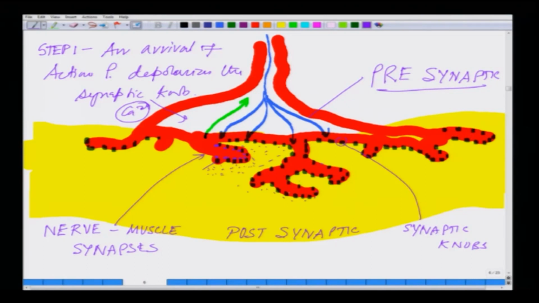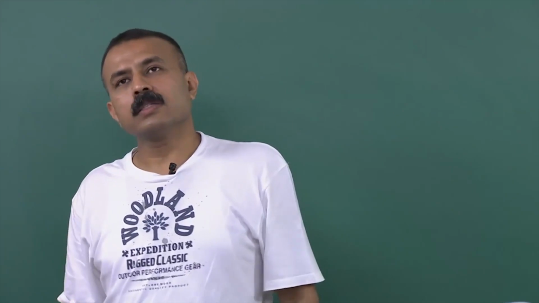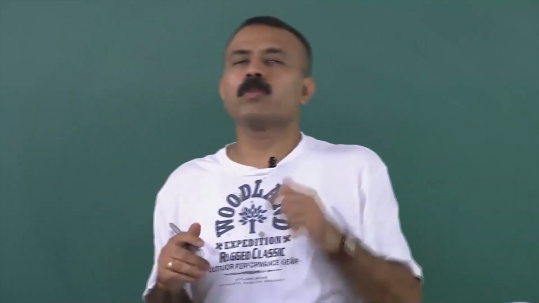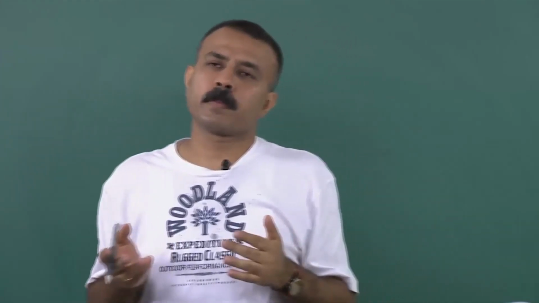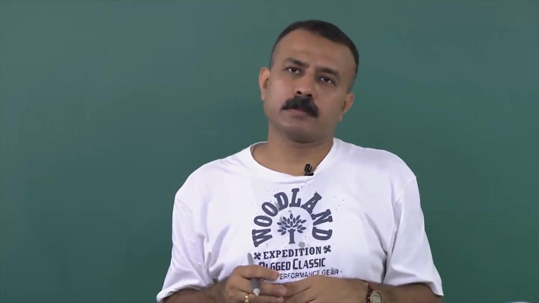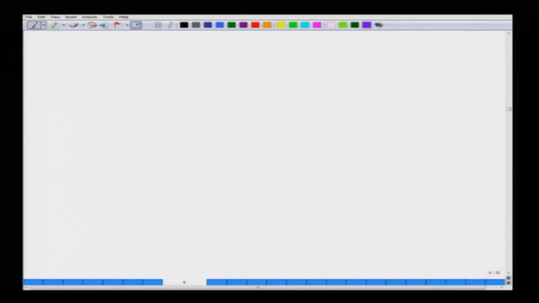On the postsynaptic membrane, there are receptors for the acetylcholine, and they bind on top of them. As soon as they bind on top of these postsynaptic membranes, this opens up a series of cation channels. So, what is happening? Visualize this slide.